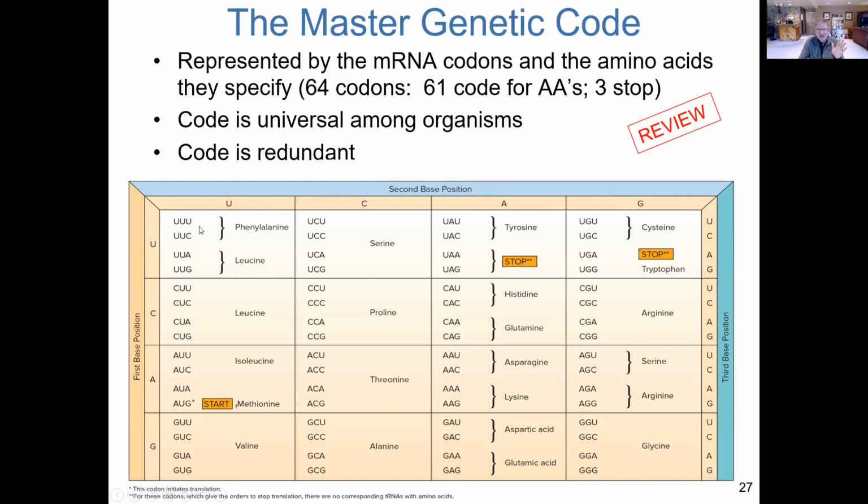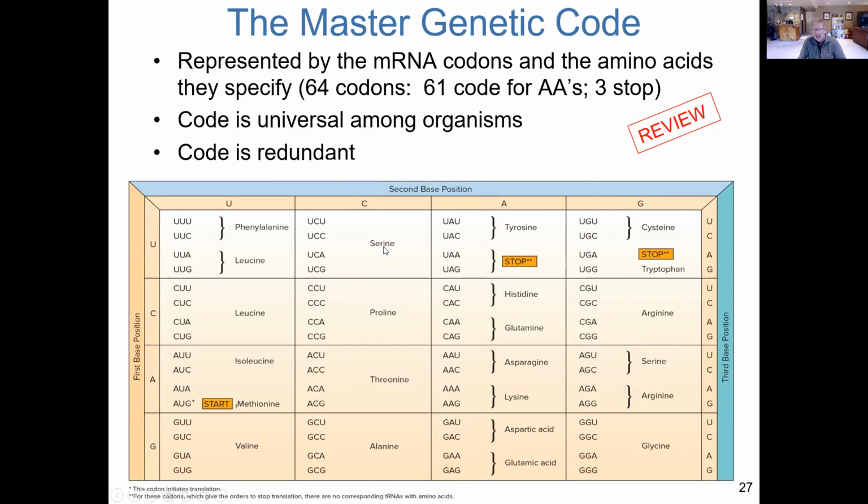So you'll see that some of these amino acids, like phenylalanine, are coded for by both UUU and UUC. Both of these codons in the messenger RNA will result in phenylalanine being shuttled in by a transfer RNA. Some amino acids like leucine, valine, serine, proline, threonine, alanine, and glycine have 4 codon sequences, all of which will code for that specific amino acid.